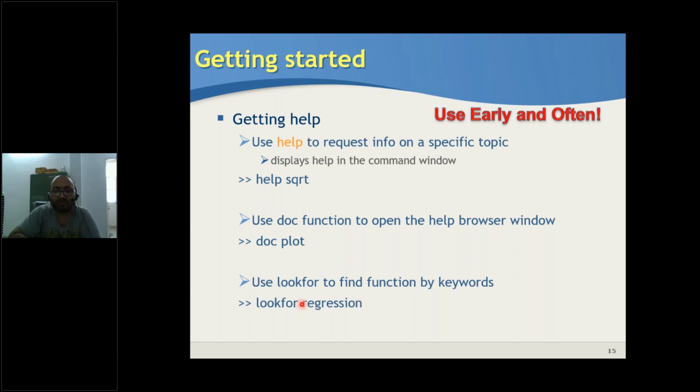Suppose we want to search all the functions having the name plot, you just type lookfor space plot. All those functions present in MATLAB which have plot attached to them will be displayed in the command window.